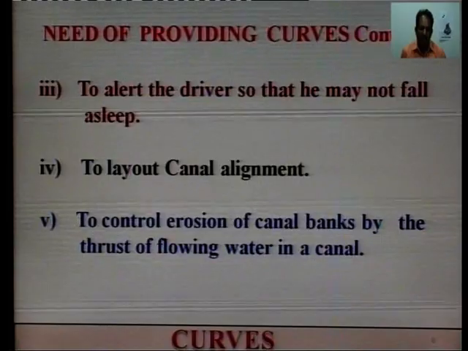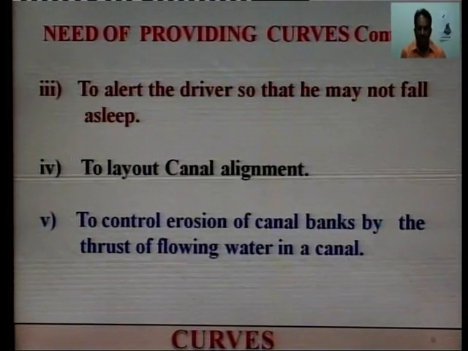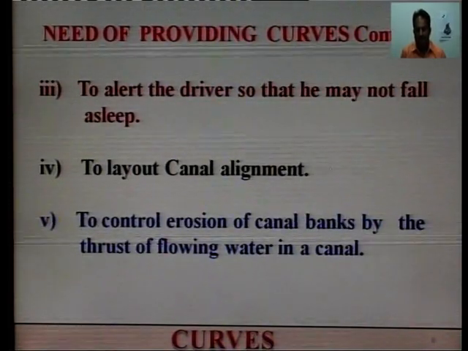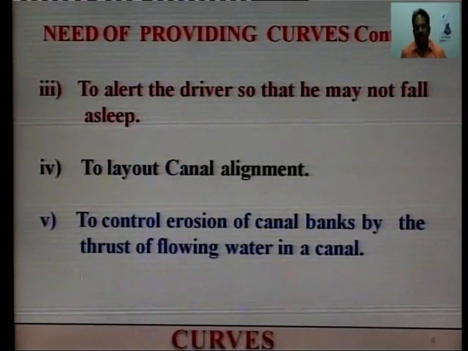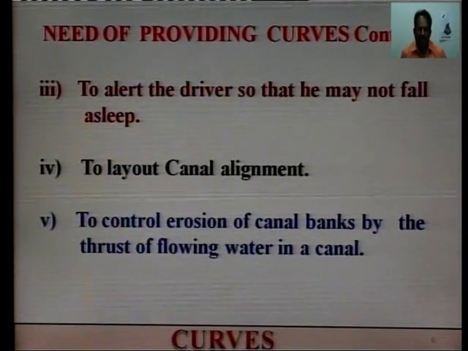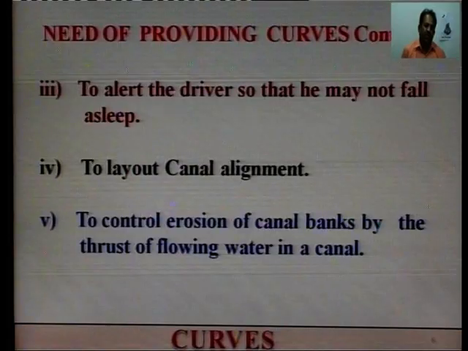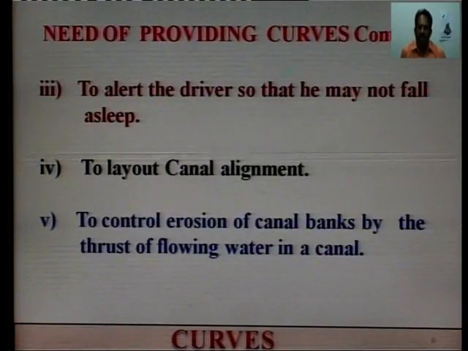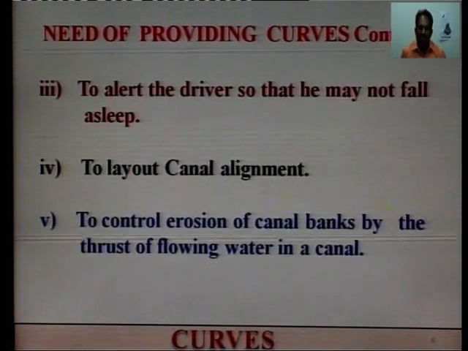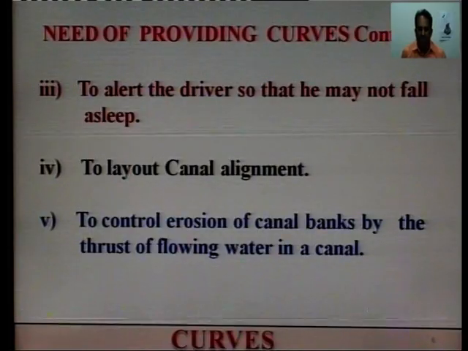And fifth is to control erosion of canal banks by the thrust of flowing water in a canal. If the curves are very sharp, there are chances of erosion of canal banks by the thrust of the fast moving water.